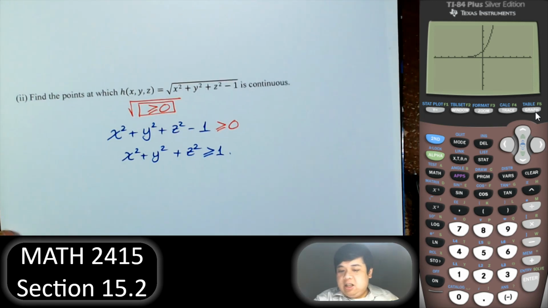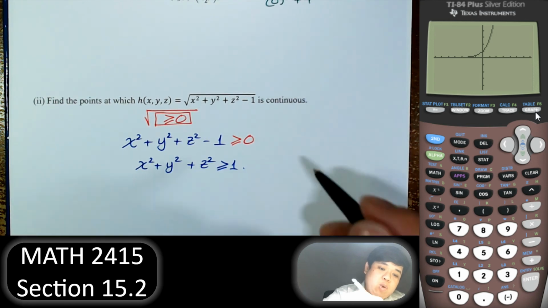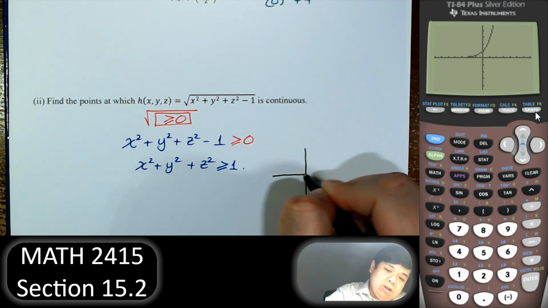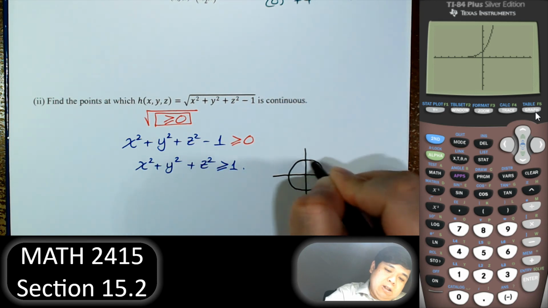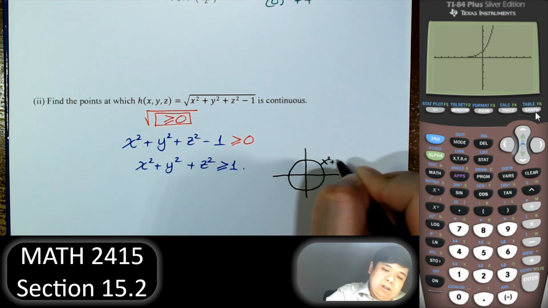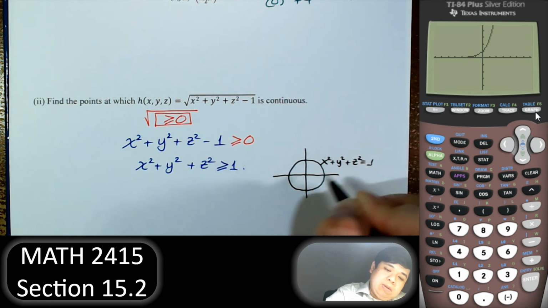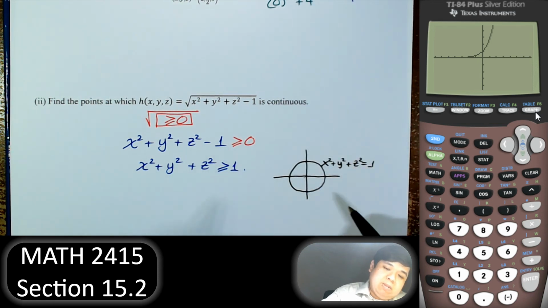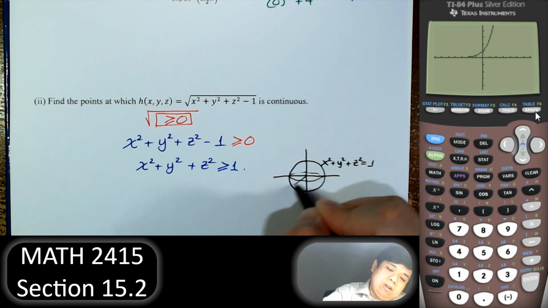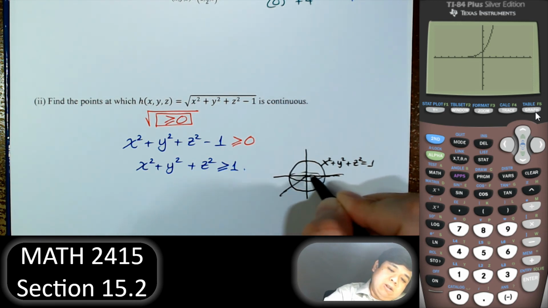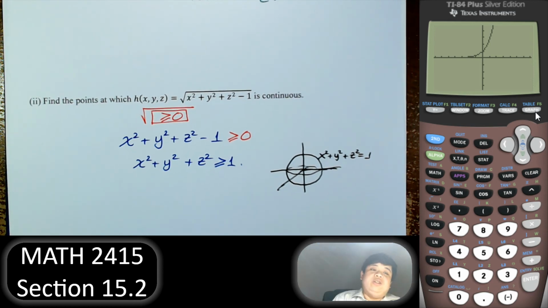What we have is, if we have x squared plus y squared equal to 1, so we have to add another dimension to it. Yeah, so it is a sphere.